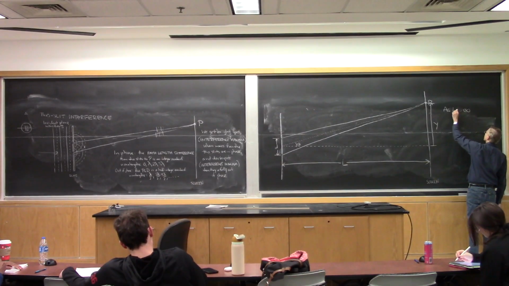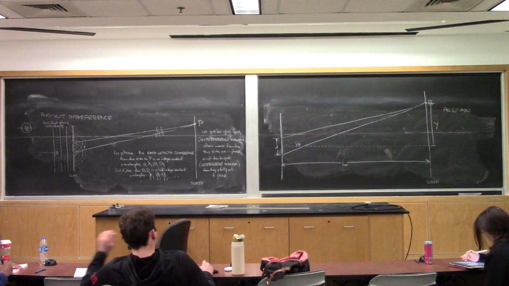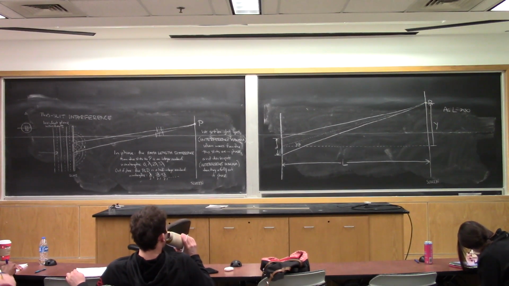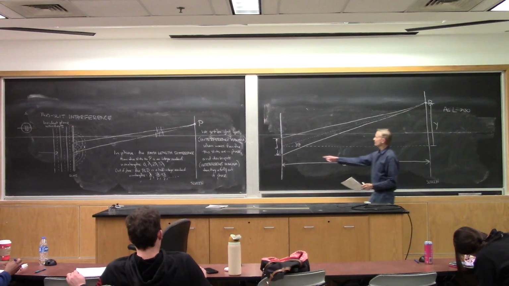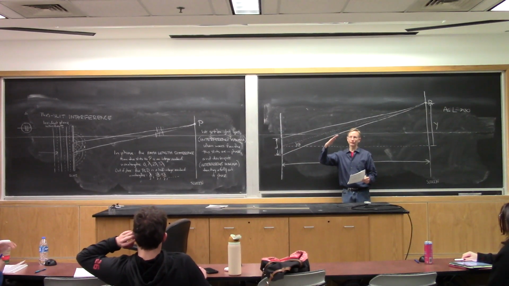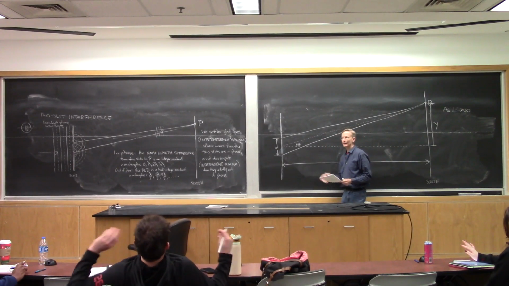As L goes to infinity, and in practice it needs to be way bigger than D, so we're not there yet really here, right? L is bigger than D, but not way bigger than D. As L goes to infinity, the lines from the slits to P get more and more close to being parallel to one another. So in that limit, we can just draw them as parallel.